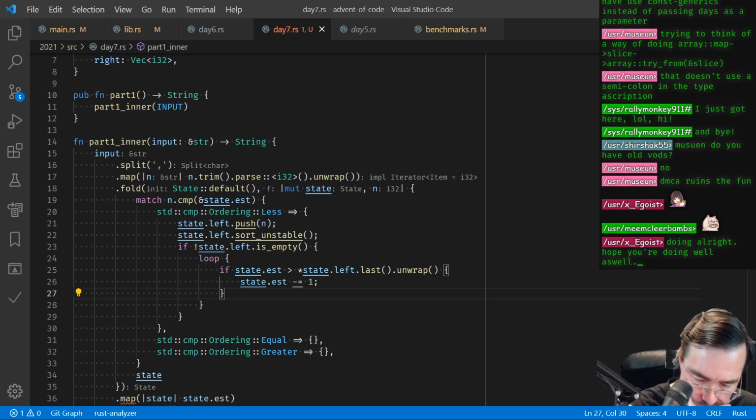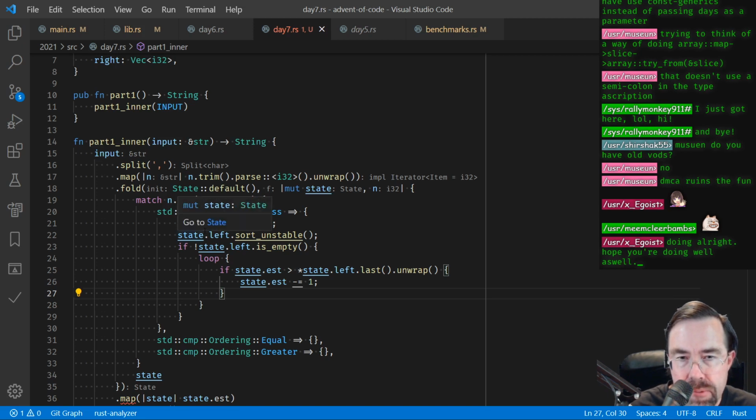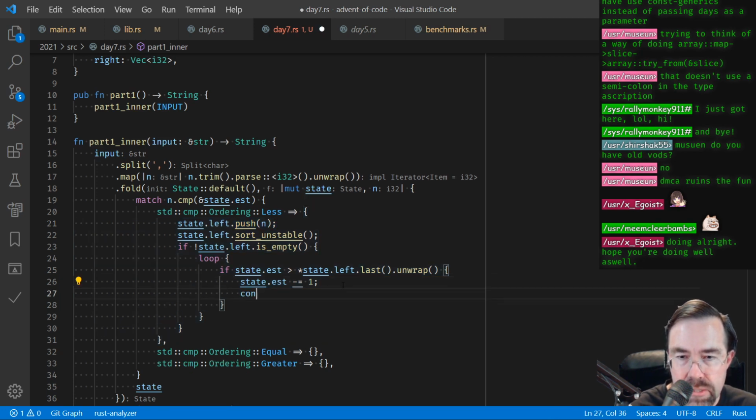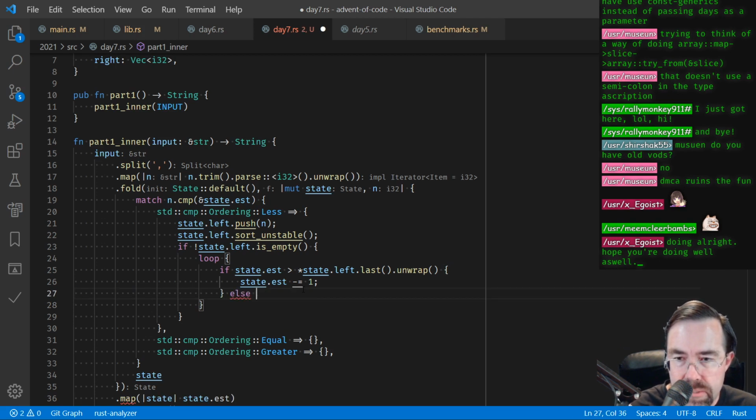Actually, that's not true. We only want to move it left if... Oh no, we know it's out of balance because we push a new one into the left. So we want to keep going until it... yeah, so this would be continue. Actually, it doesn't really matter because it's else. What if it's equal? If the estimate is the last one in the left list, then don't we want to stop?